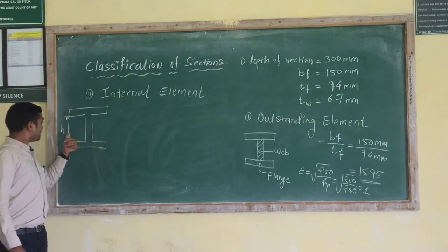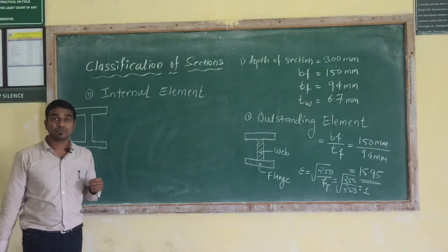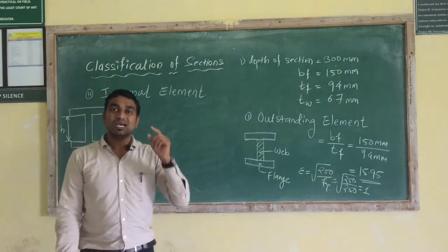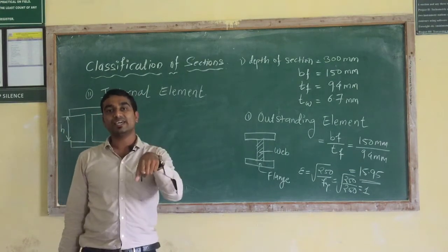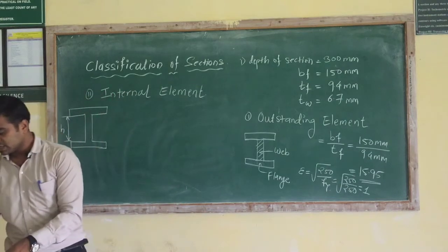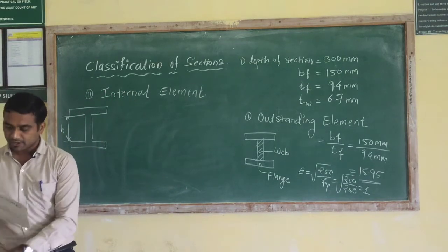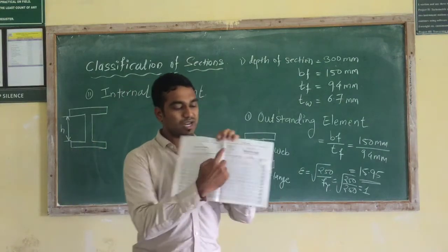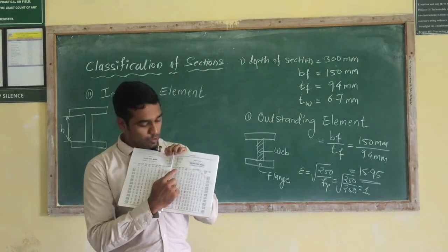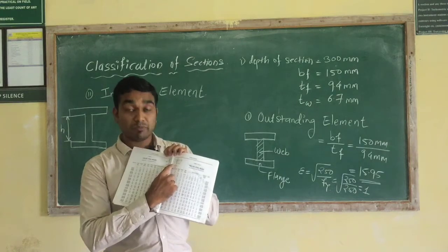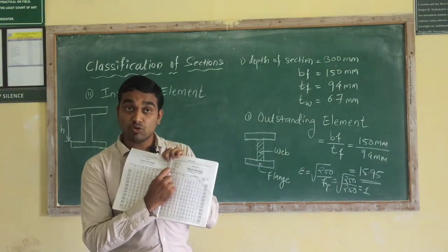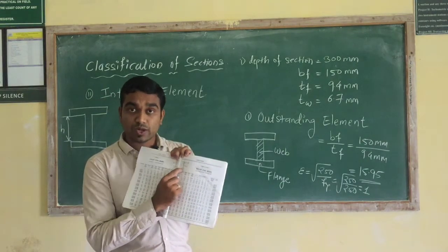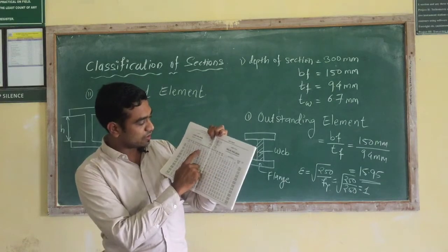Now how will you get this depth h? Very simple. This depth is already given in the steel table. Here at the top you will get the value that is denoted by h1.